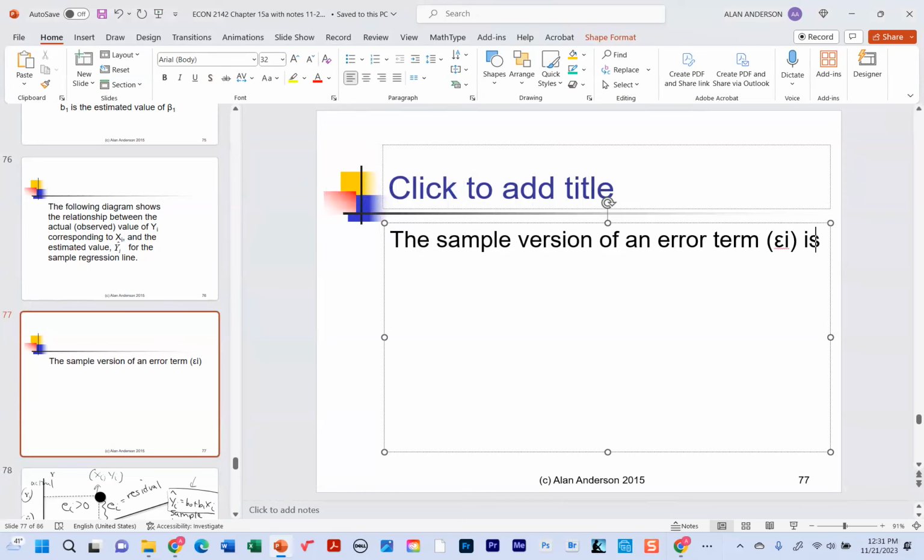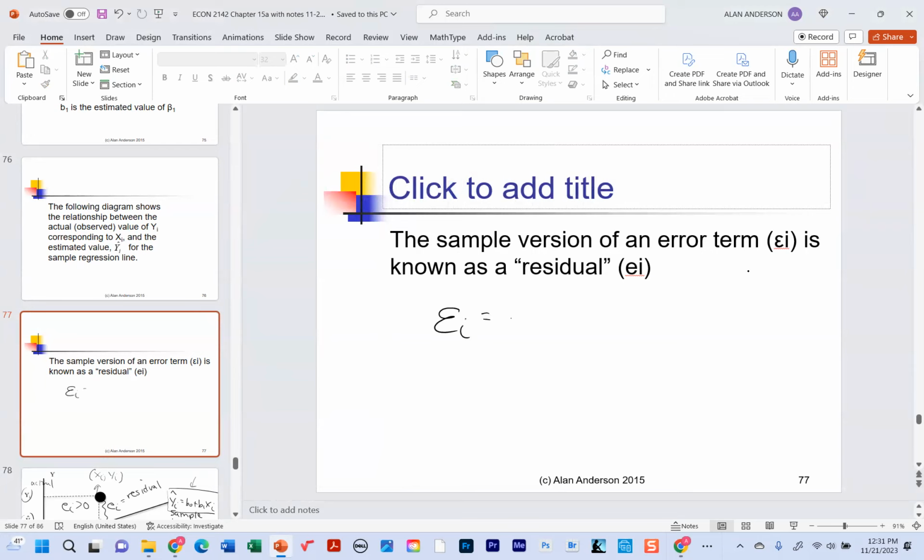Is known as a residual, and it's written as just e_i. Okay, so the term notation is epsilon. It's an error term. e_i is the residual.